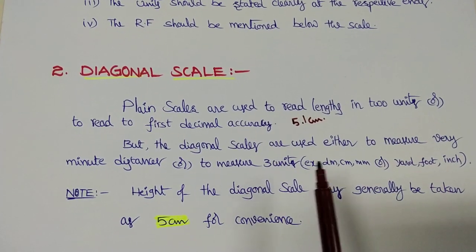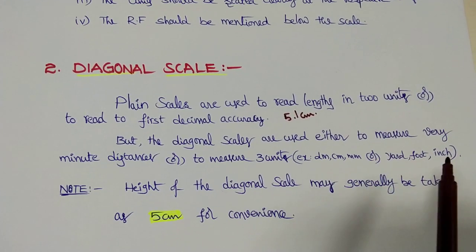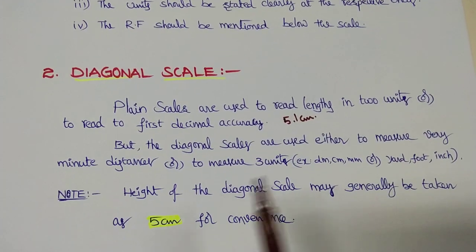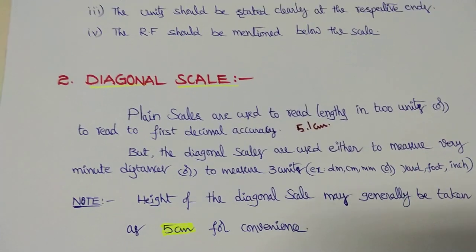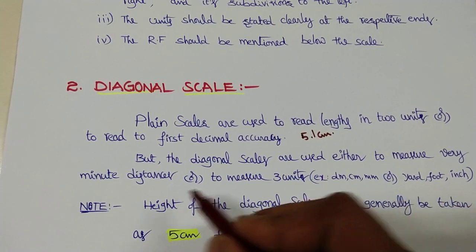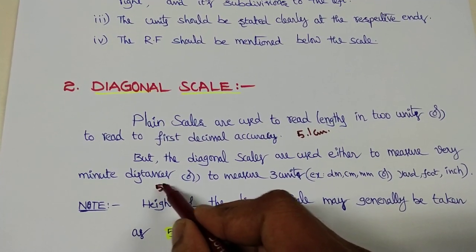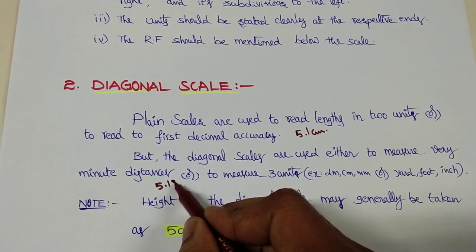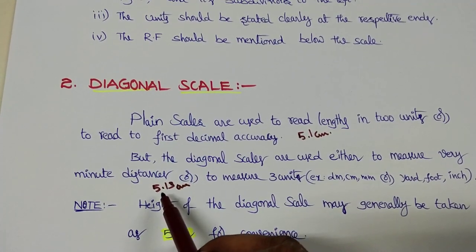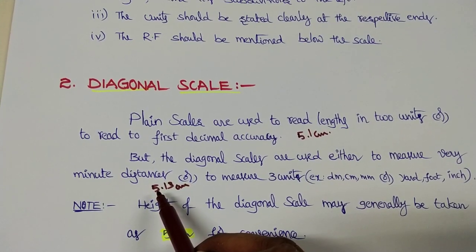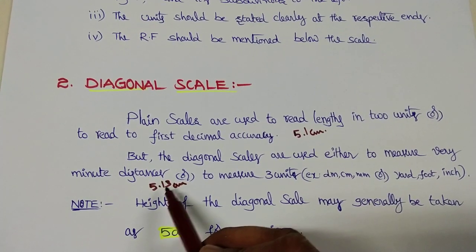But the diagonal scales are used either to measure very minute distances or to measure 3 units. Very minute distances means, suppose we need to show 5.13 centimeter. That time, we can see after the decimal point we have two numbers.